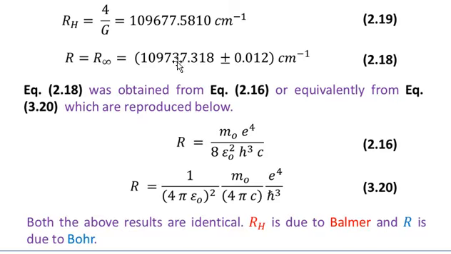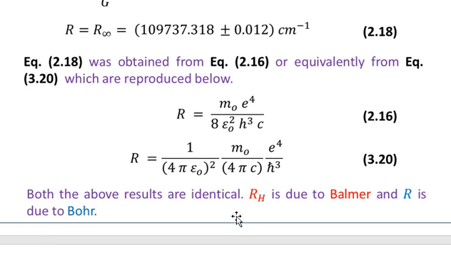But you know that there is a difference between the two values. The RH value given in equation number 2.19 was suggested as an empirical value by Bohr in order to satisfy the Bohr series. But you know that this value of R as given in equation number 2.18 was obtained using the semi-classical approach, and it was also obtained numerically using equation number 2.16 or equation number 3.20.